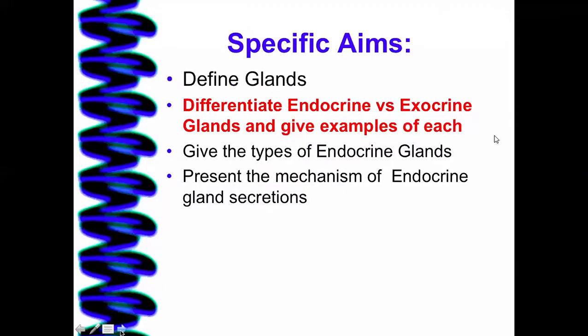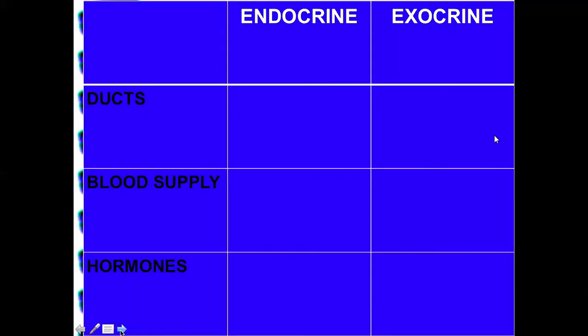Next specific objective is that we must differentiate endocrine from exocrine glands and give examples of each. I made here a tabulation so that it will be easier for us to define and to differentiate endocrine from exocrine glands.